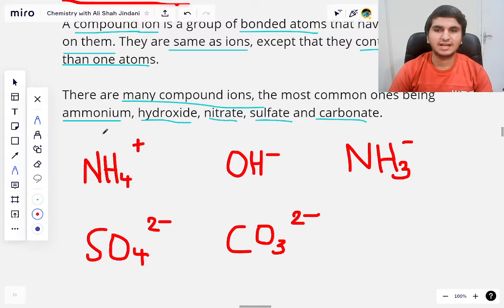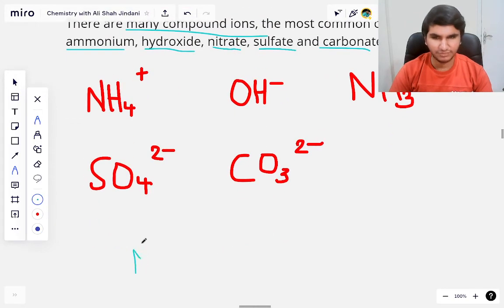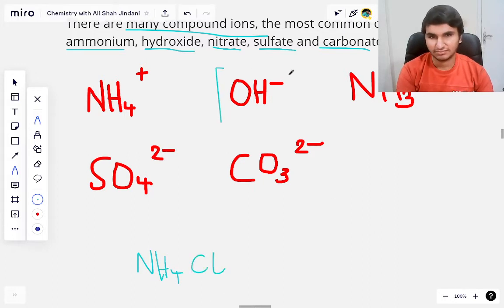So these are the compound ions, and they are also used to form compounds. You might have ammonium chloride, which would be NH4Cl. You might have water out of it. You might have nitric acid, which is NH3.